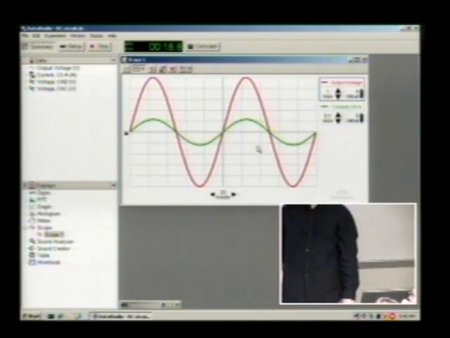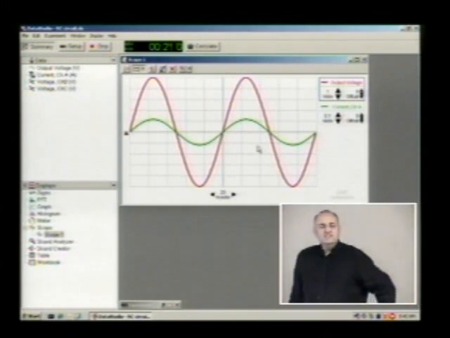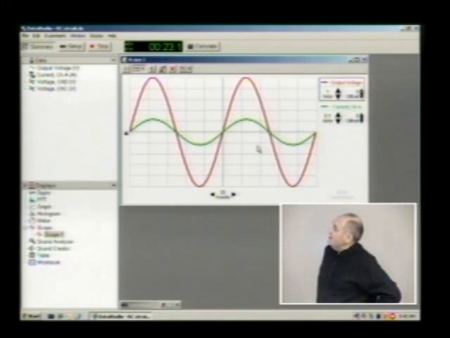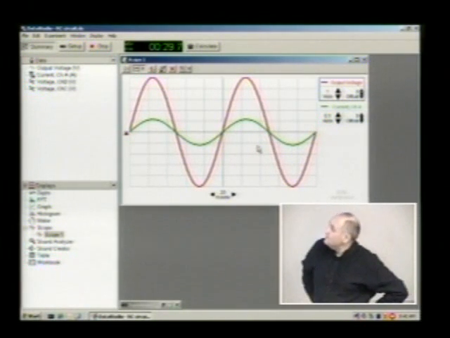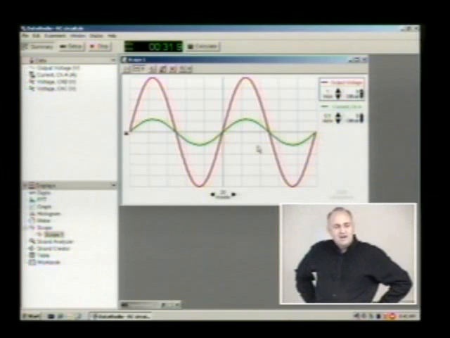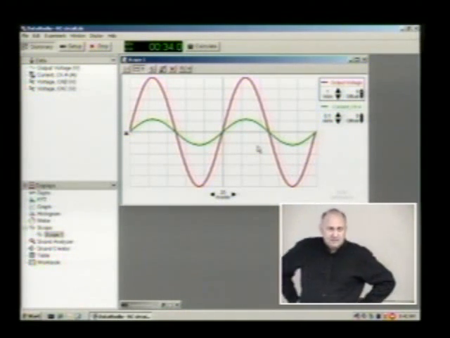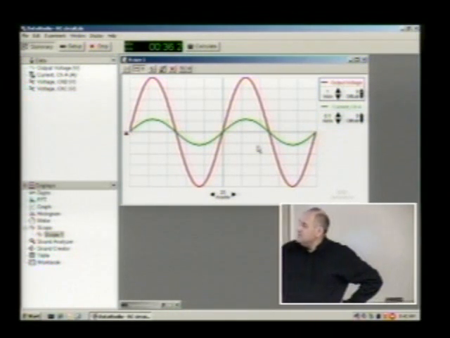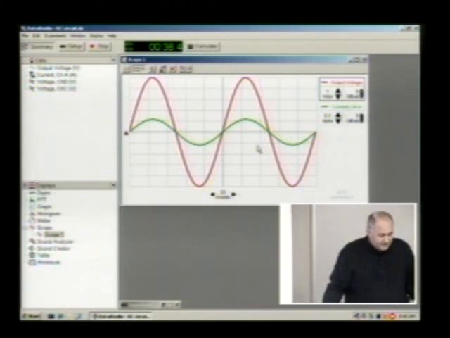Yes, I connected an element, and do I see that this element is a resistor? Again, the red line represents voltage across the element. Green line represents current across the element. It's time dependent, so I vary both.